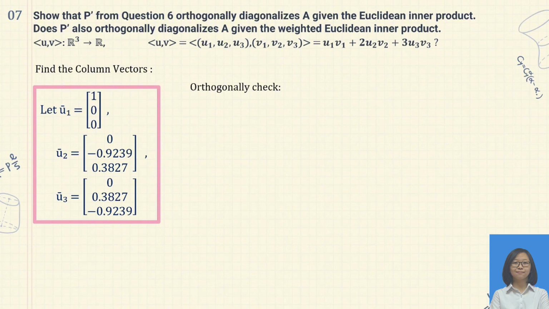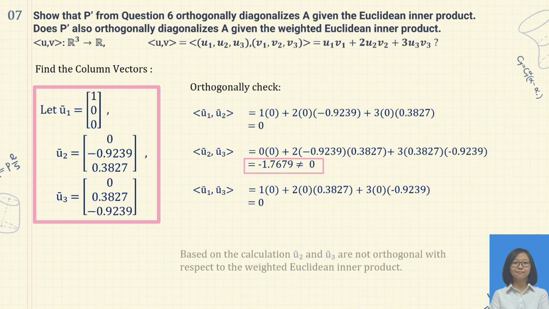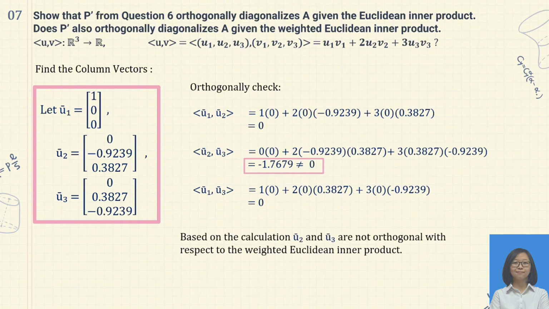As we know, if P prime orthogonally diagonalizes A, all of the orthogonality checks must give a final answer of 0. However, based on the calculation, the inner product of vectors u2 and u3 gives a final answer of negative 1.7679, which is not equal to 0, so they are not orthogonal with the weighted Euclidean inner product.